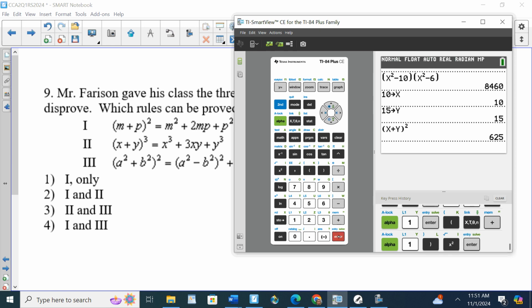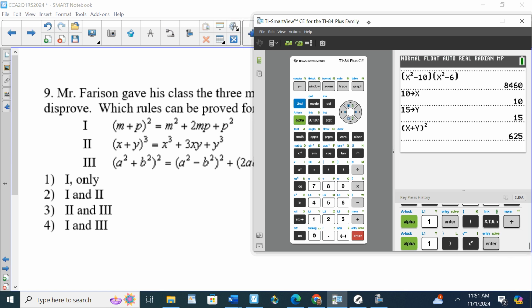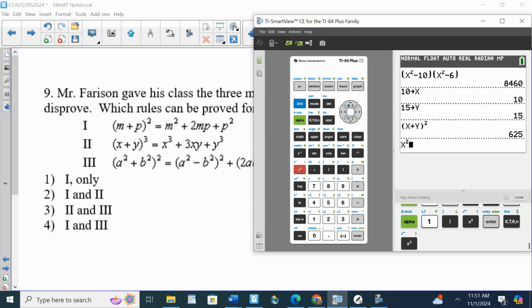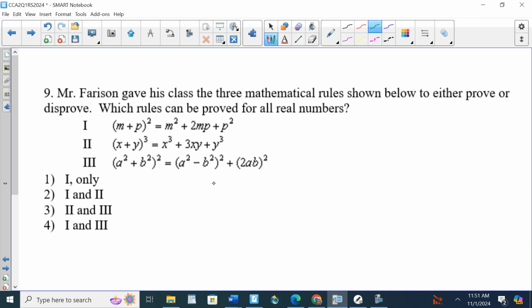My left-hand side is 625. My right-hand side, x squared plus 2xy plus y squared, 625. 625 equals 625. Those are good.